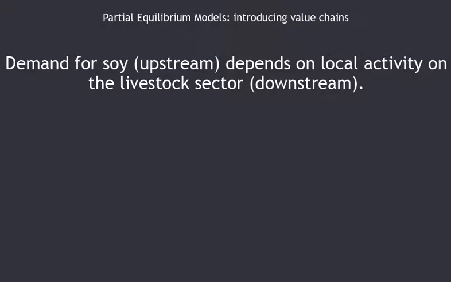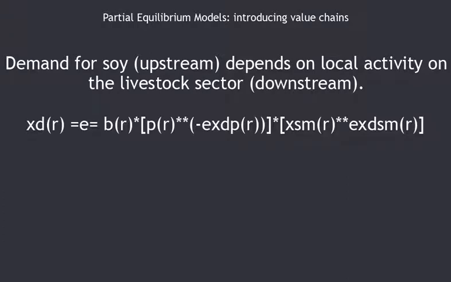So we have demand for soy in country R, XDR, which depends on the local price of soy, PR, according to a decreasing relationship, but also on supply in the meat sector, XSMR, according to an increasing relationship. This is the first relation characterizing this value chain.